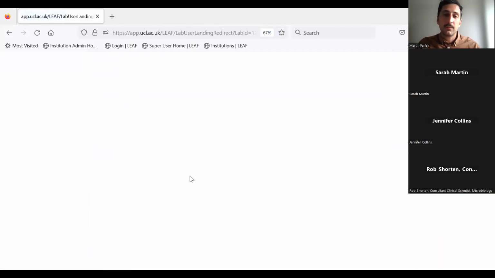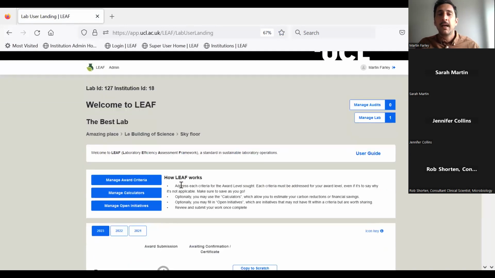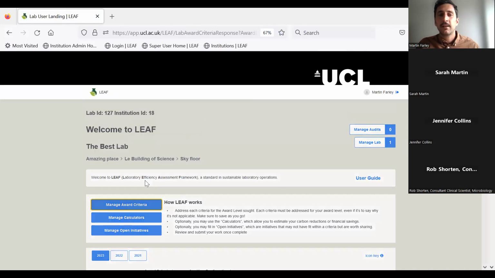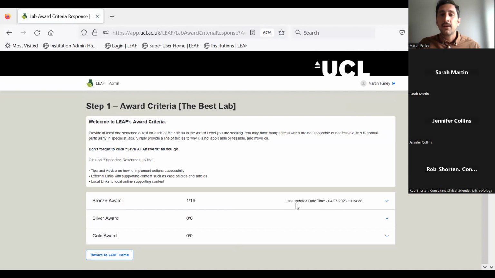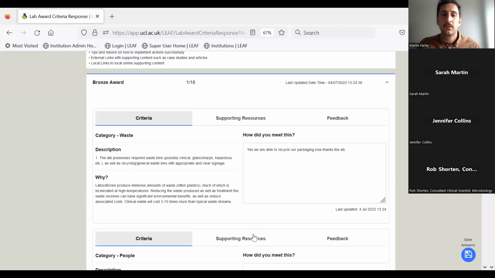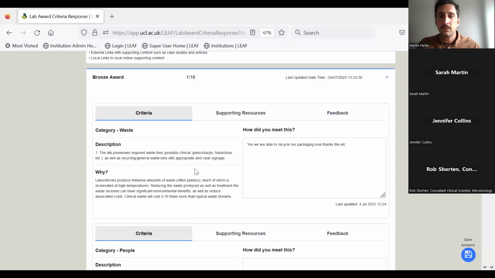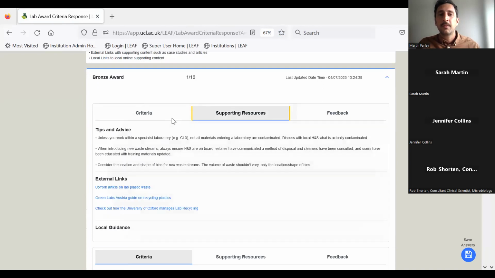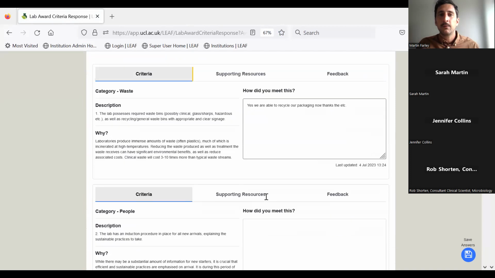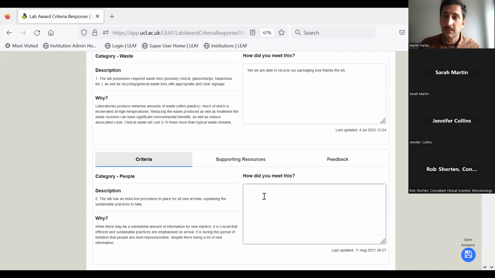So for example, if your lab was to sign up in the future, then you would get access to this, which is essentially a set of criteria. And these are actions related to the environmental sustainability of more research or teaching labs. So they're actions that relate to, do you have a recycling bin with tips and advice and links to what other people are doing. And we ask people to provide qualitative answers against this. So say what they're doing so we can understand.